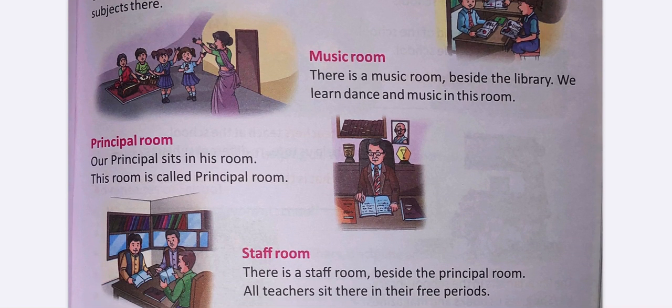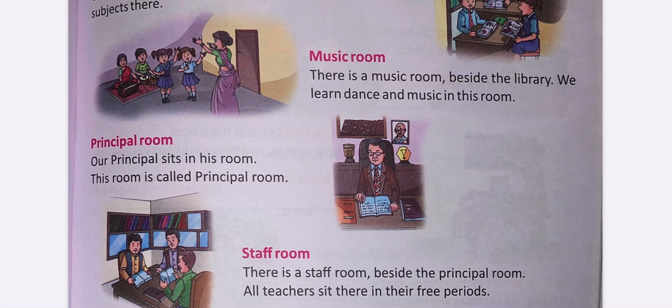The next is the music room. There is a music room beside the library. We learn dance and music in this room. So, is the music room necessarily close to the library? No, generally music rooms are not close to the library because the library is a place where silence is very imperative.